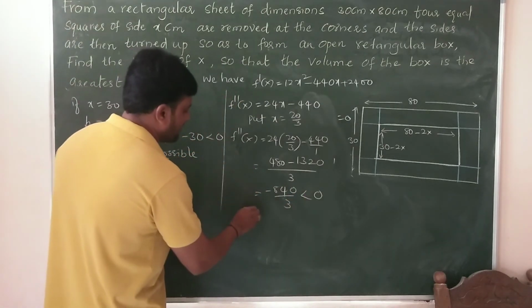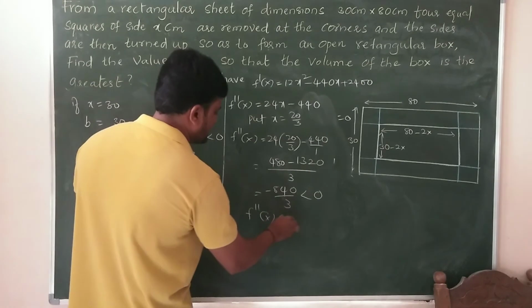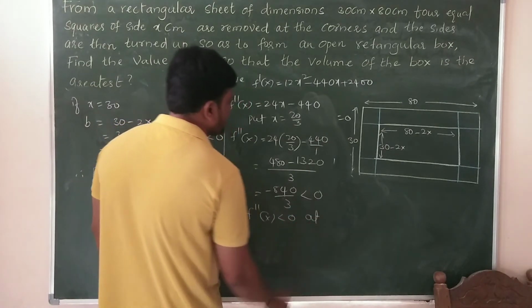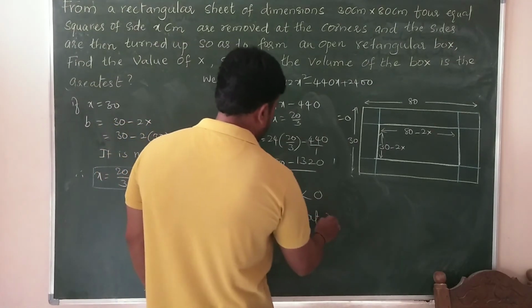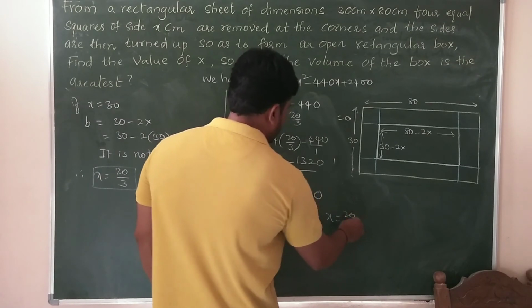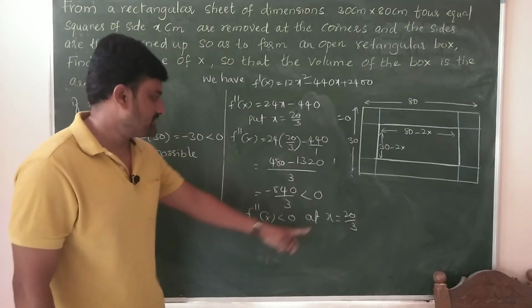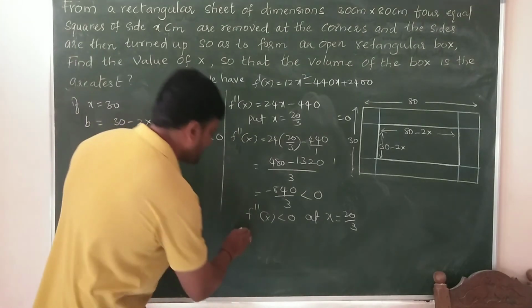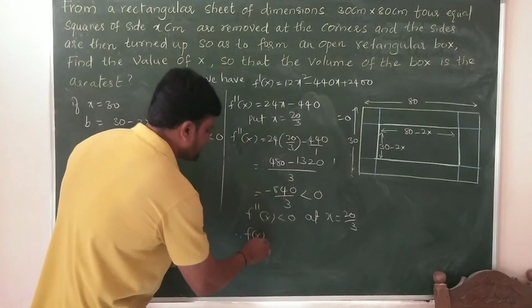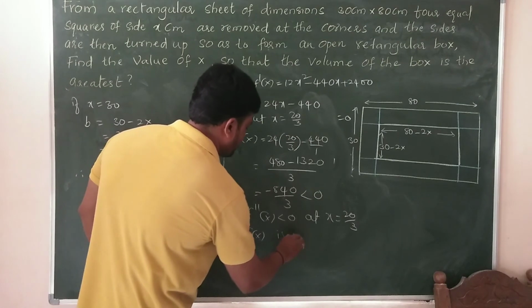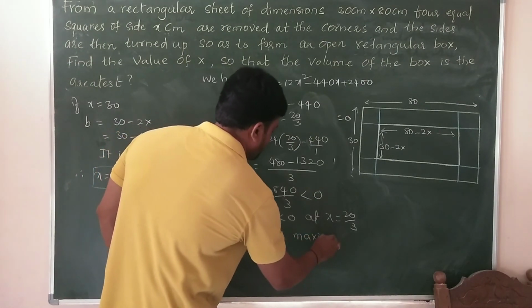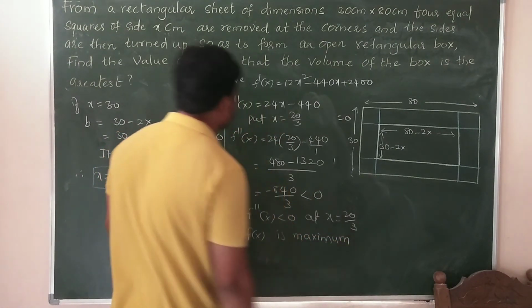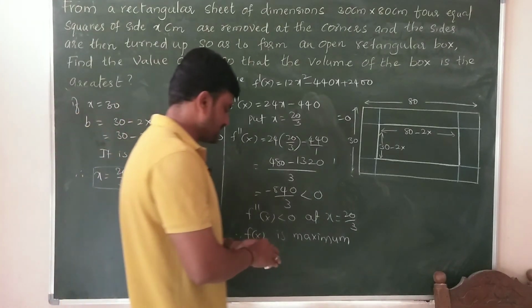So f double dash of x is less than 0 at x equals 20 by 3. Then f of x is maximum. f of x means the volume of the box.